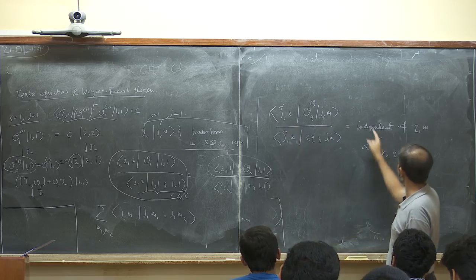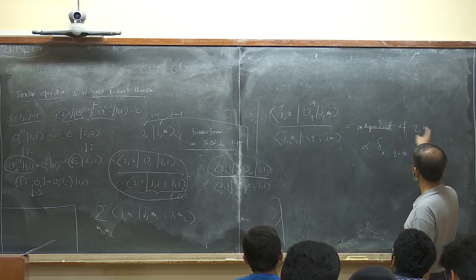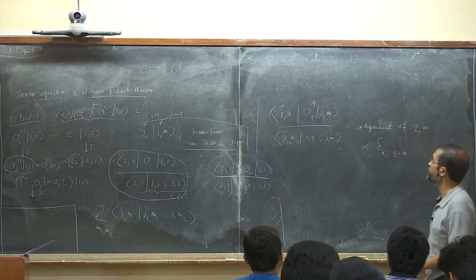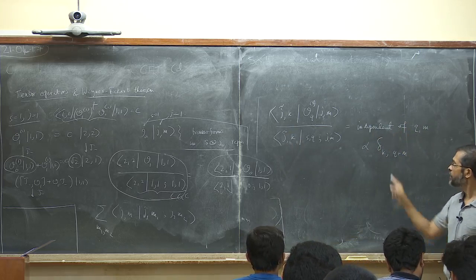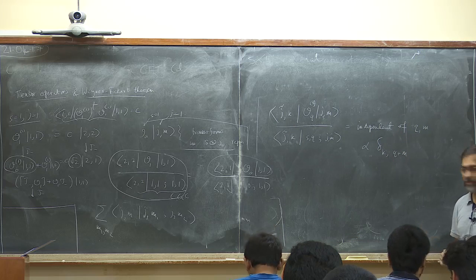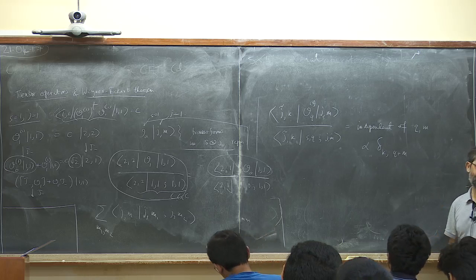So this is not only an object independent of Q and M, but it's also proportional to this Kronecker delta. This is a selection rule.